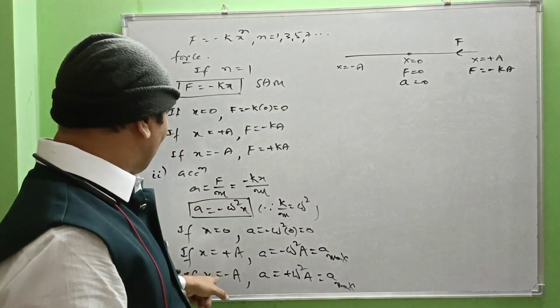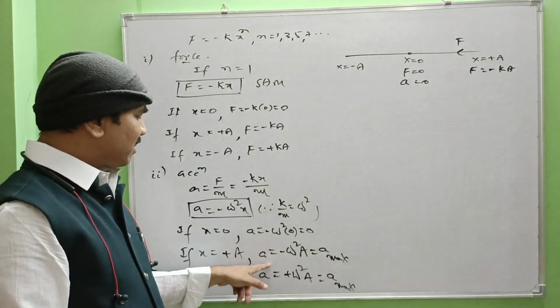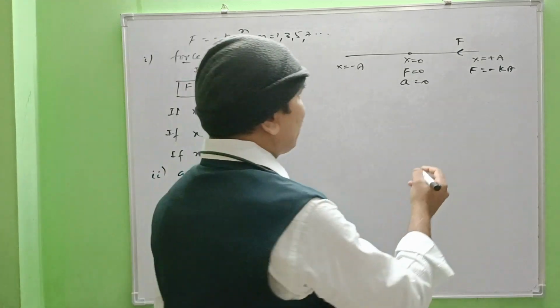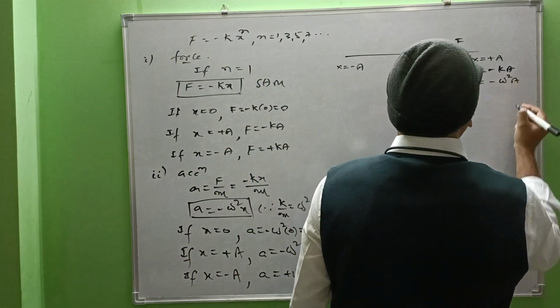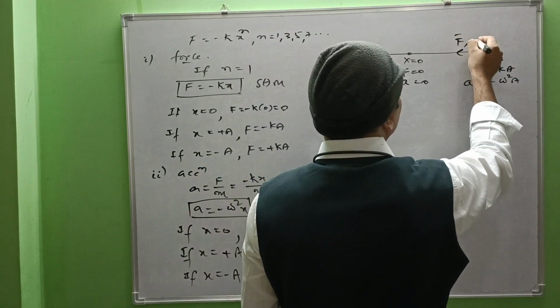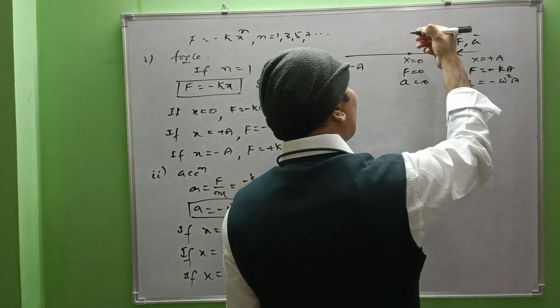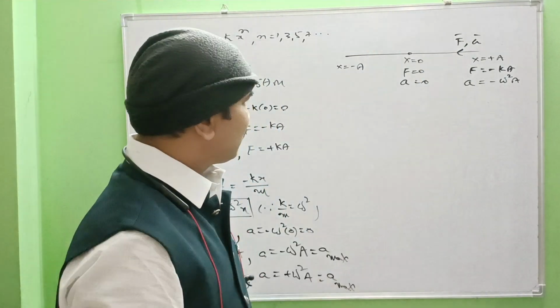In the same way, what about acceleration? At x equal to plus a, acceleration is also equal to minus omega square into a. Right? So both force and acceleration are directed towards the mean position, that is towards the negative x-axis in both cases.